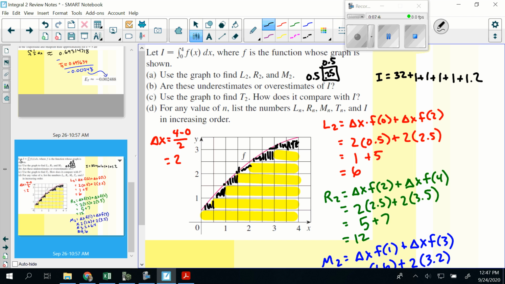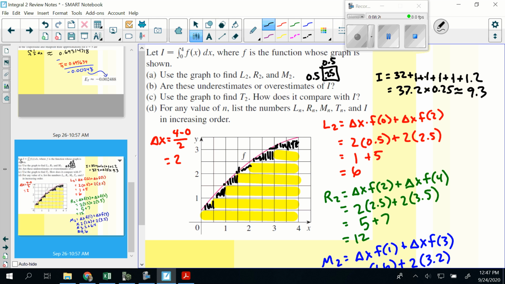So if we take our number here, which is 32, 33, 34, 35, 36, about 37.2 boxes times 0.25, it should give us an approximation of what this is. So let's see what we get here. A decent approximation might be about 9.3 for I here. So we estimate I to be about 9.3.